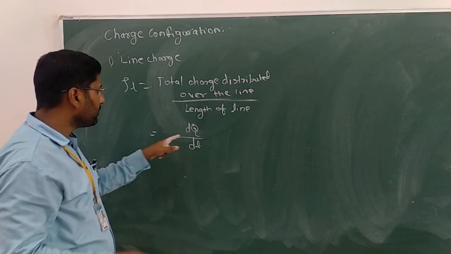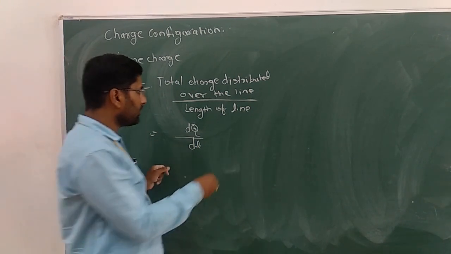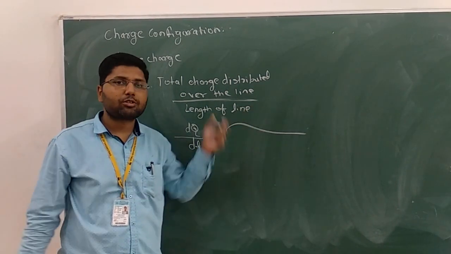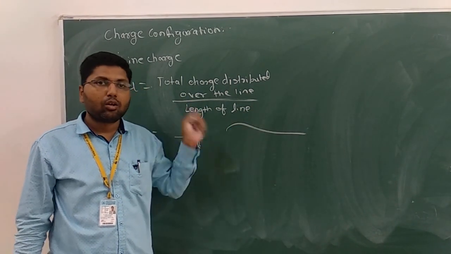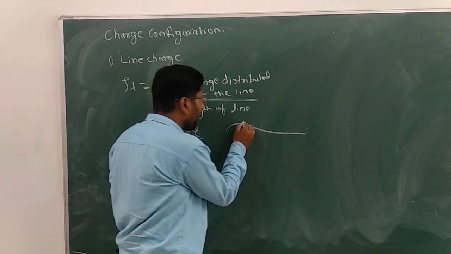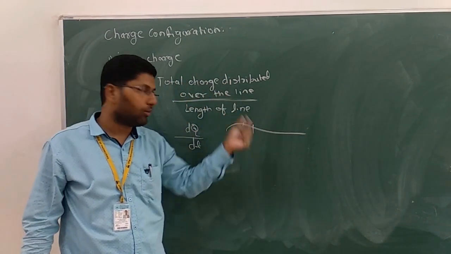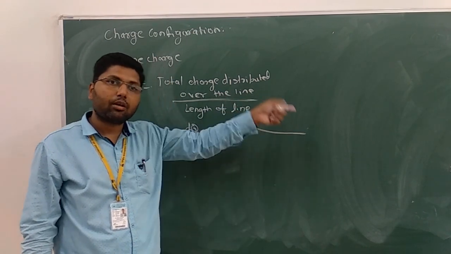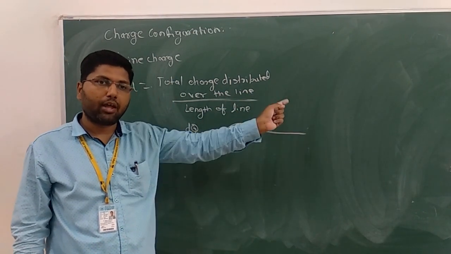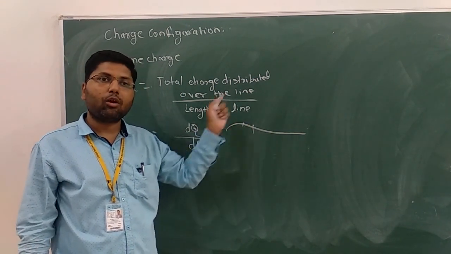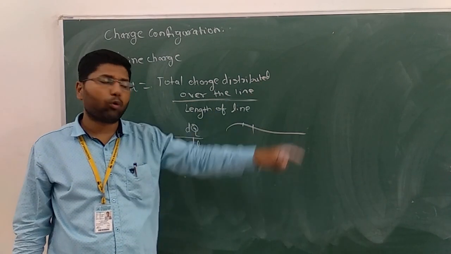Now why am I using dq and dl? Suppose we take a transmission line. For that line, the total charge, we have to take a small distance, because this line is thousands of kilometers long. You have to take a small distance and then integrate for the whole line. We assume that the wire is uniformly charged from the starting point to the end point.